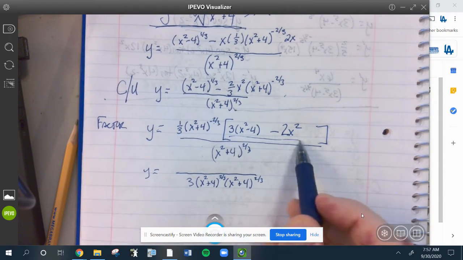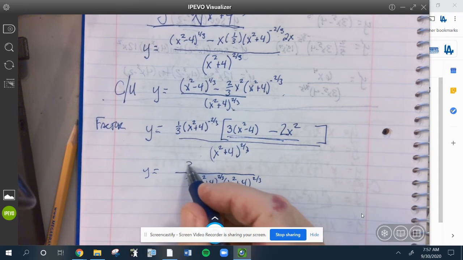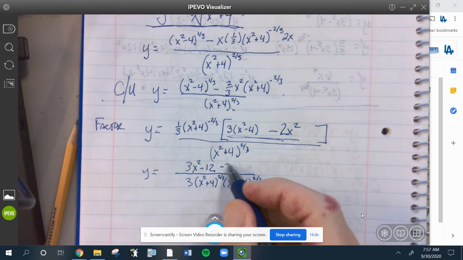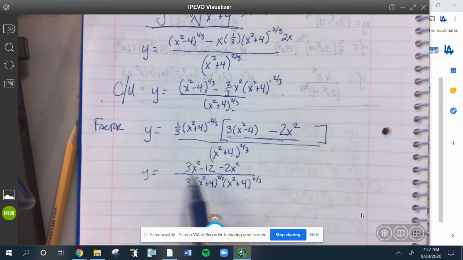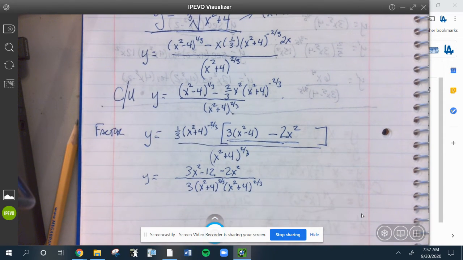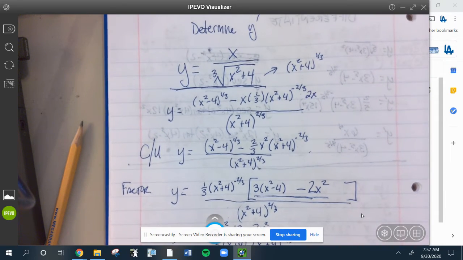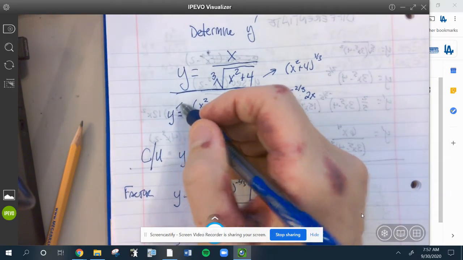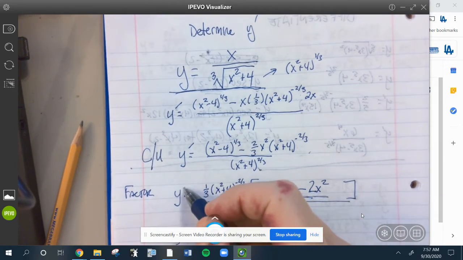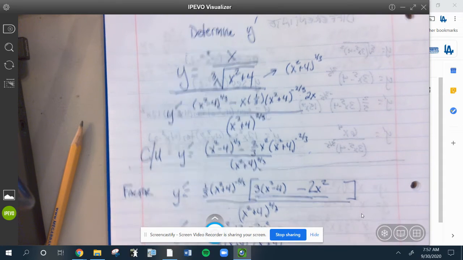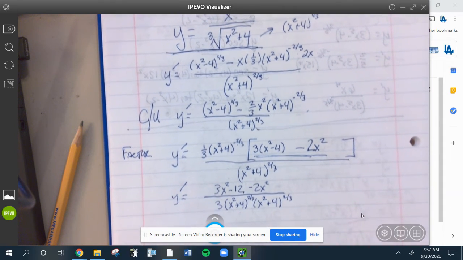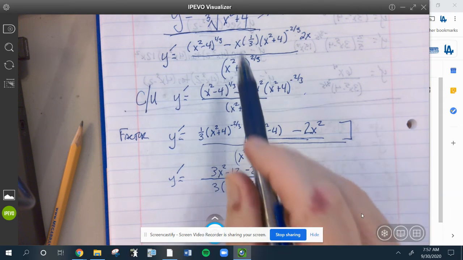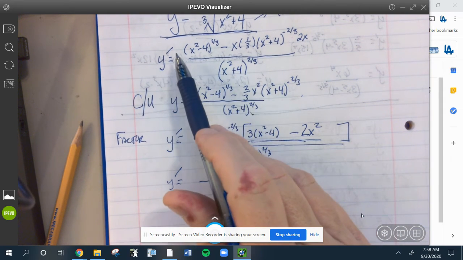Now the top. Distribute the 3. You can see there's going to be a combination up here. And I'm sorry about this. I've done this almost every video, and I should not do that. As soon as I applied the quotient rule, it became the derivative.